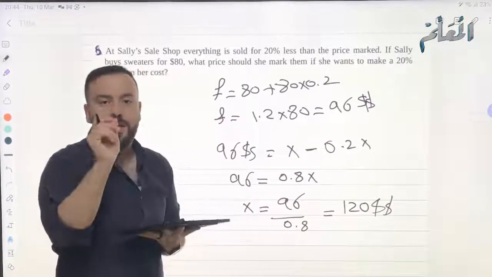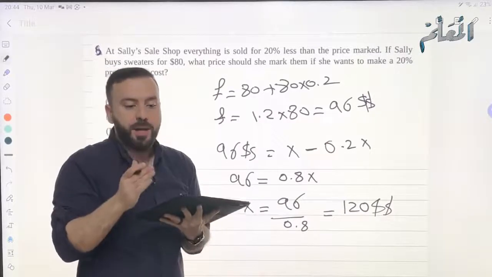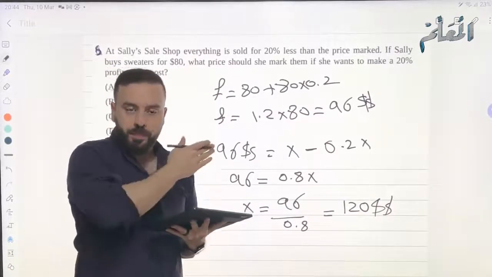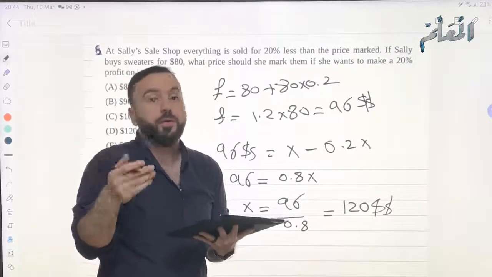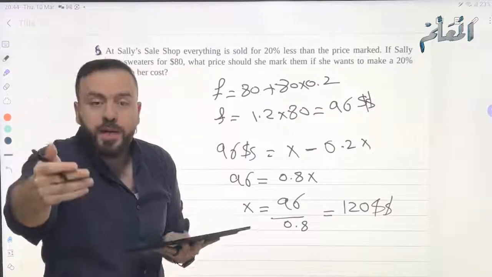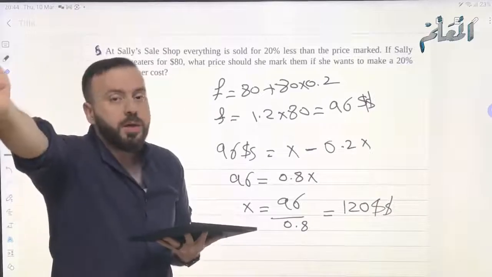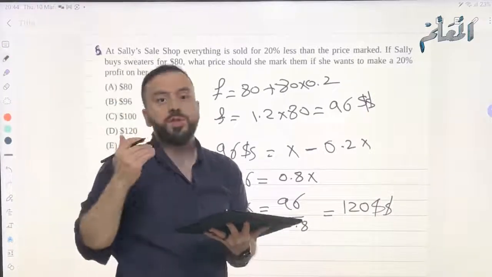So 96 is the price which will make Sally happy because she got the profit of 20%, and will also make the customer happy because he got the discount, which is 20%.